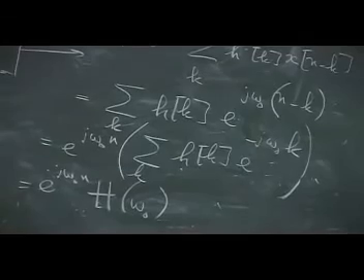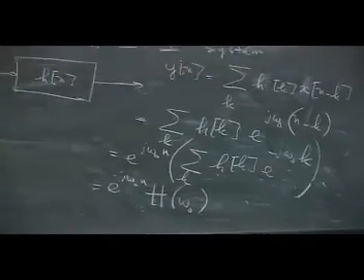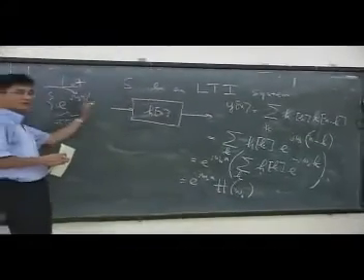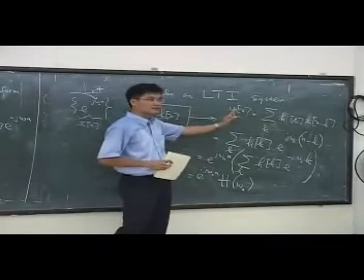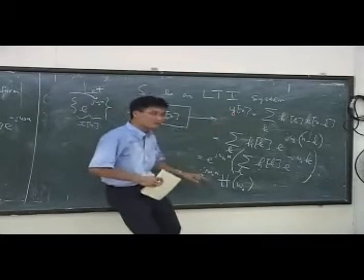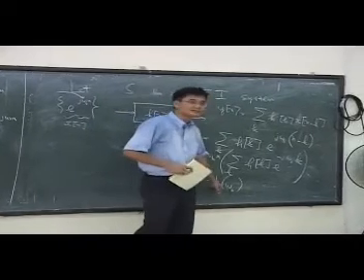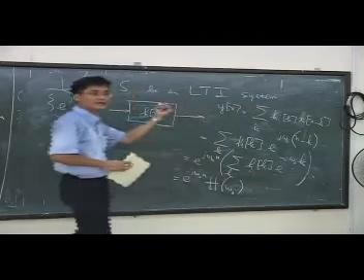So now you recognize that this omega naught is something I fixed. I have a signal of that particular frequency omega naught, I pass it through the system, and I get out a signal with that same frequency. The only thing I change is that it gets scaled. Can you see that?